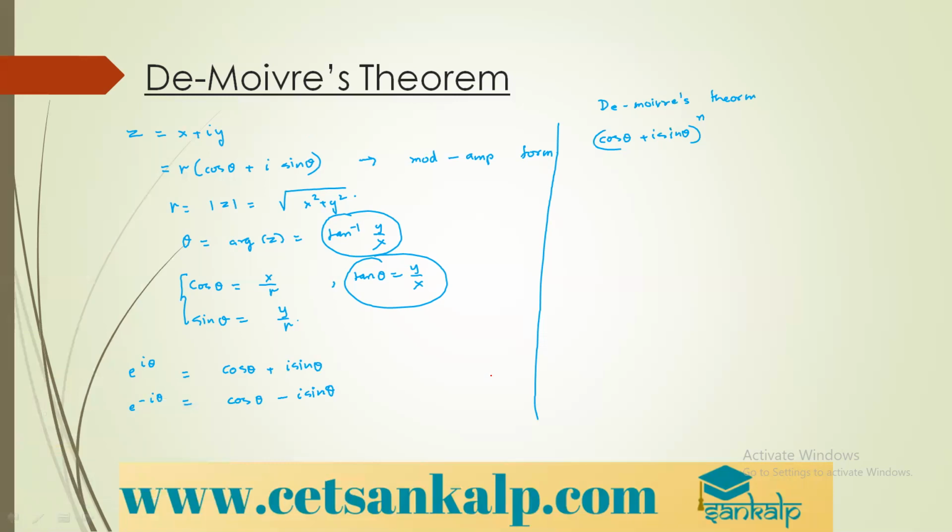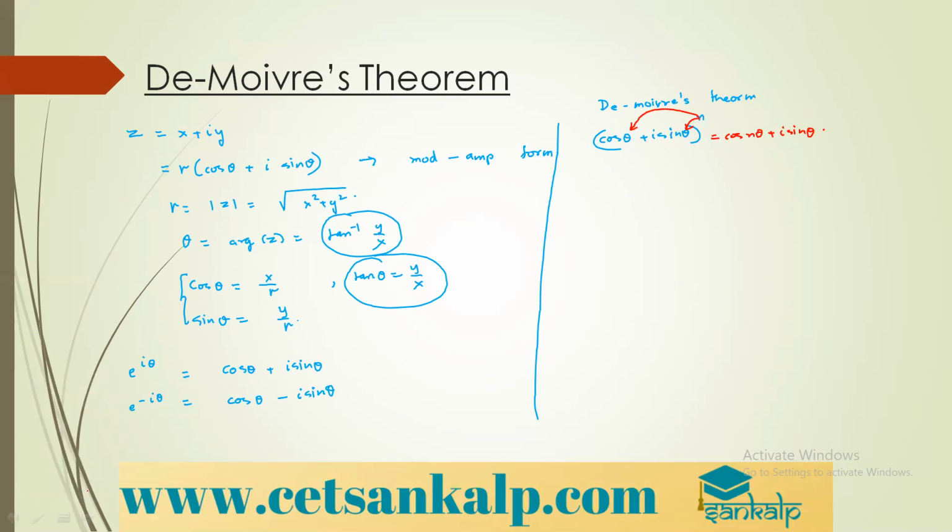How? You can just bring this power n inside and multiply to theta. So the answer for this will be cos n theta plus i sin n theta. But remember, it is one of the values of cos theta plus i sin theta whole power n. Many values will be there.